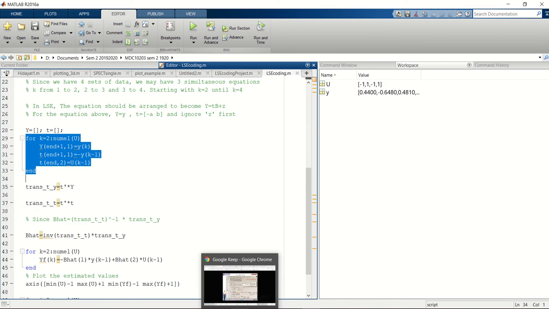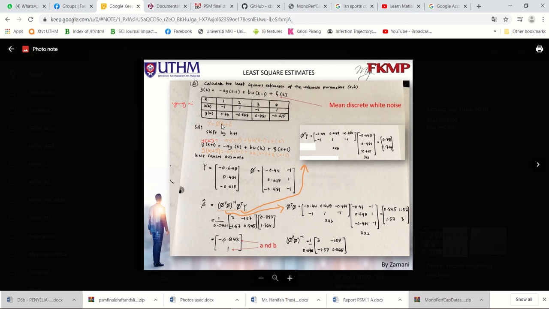We go back to this one. Okay, so we need to find this y, create this y matrix and also the theta matrix, from this general equation y equals theta times zeta just now. So we want to create this first. Okay, so I use looping.